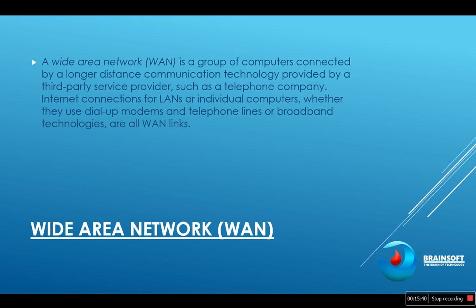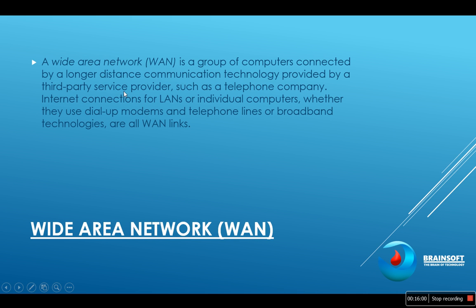When they are connected together, they need to use WAN technology because they can't connect through a switch or a hub. They are connected by a longer distance communication technology provided by a third party service.